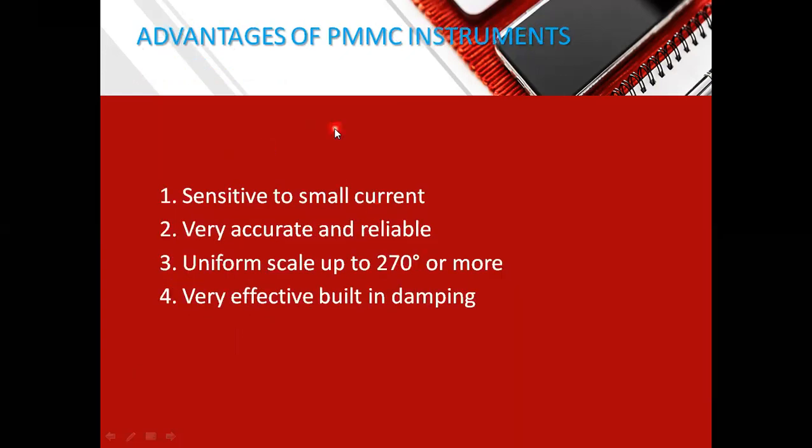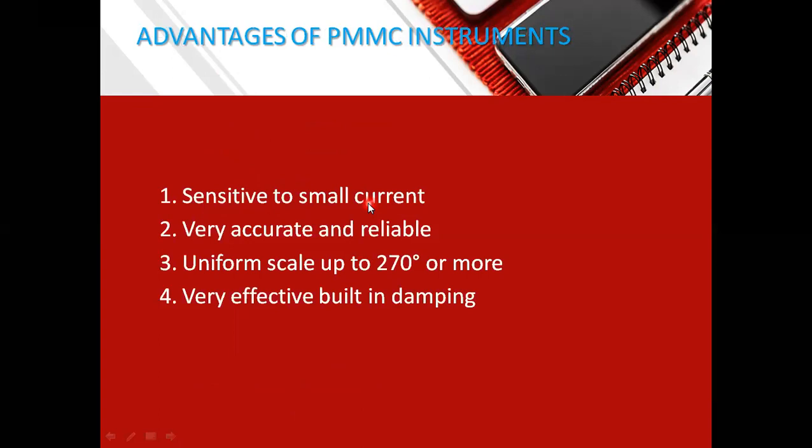looking at the advantages of PMMC instruments. First thing is, the PMMC instruments are sensitive to small current. That means we can have even small currents measured with the help of PMMC instrument.